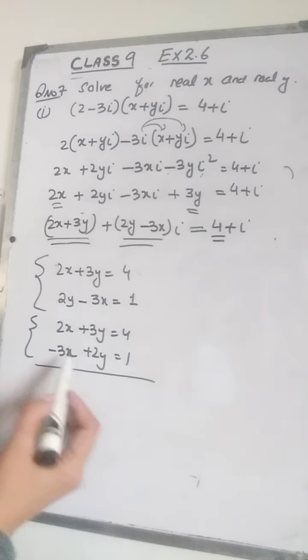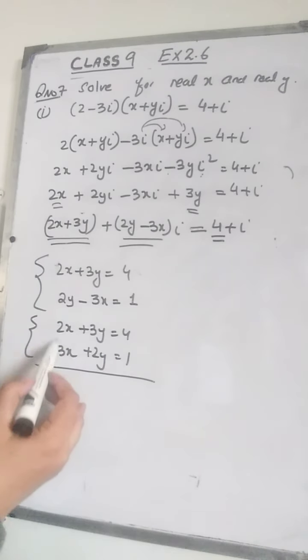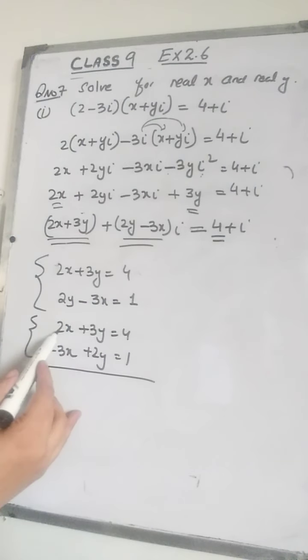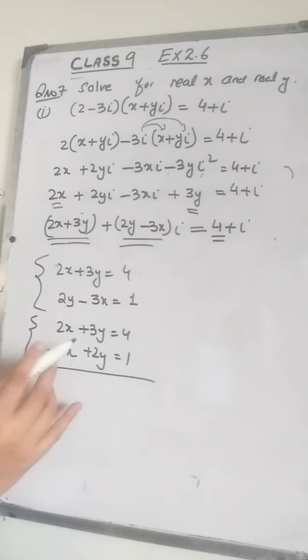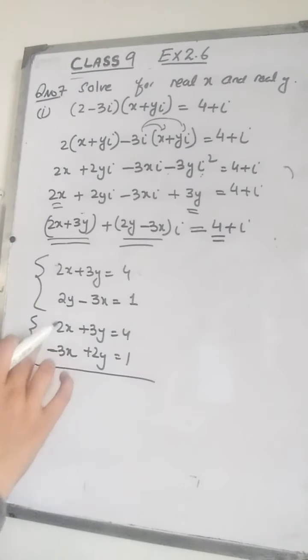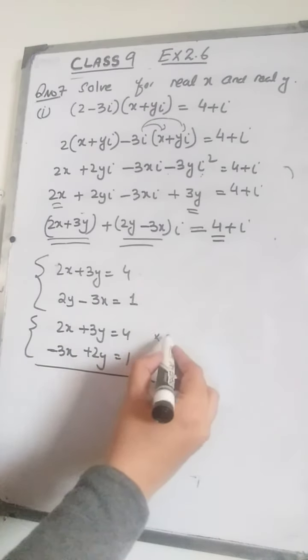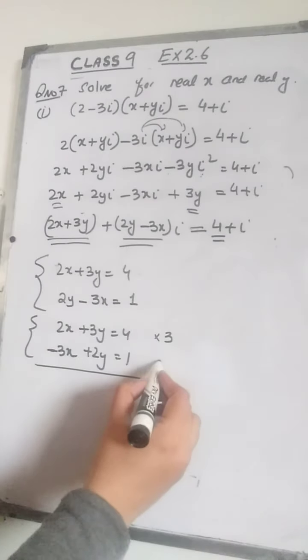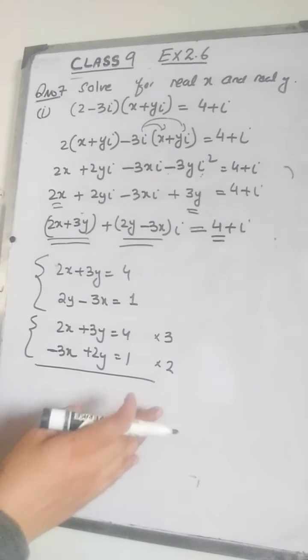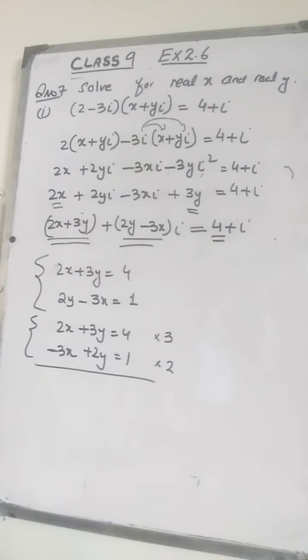In the elimination method we try to make the coefficients the same, and as there is a negative sign, I am going to add the equations after making the two coefficients the same. So we multiply the first with 3 and the second with 2, as you did in junior classes.